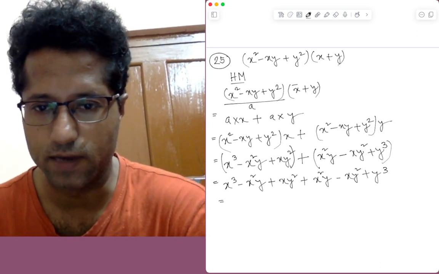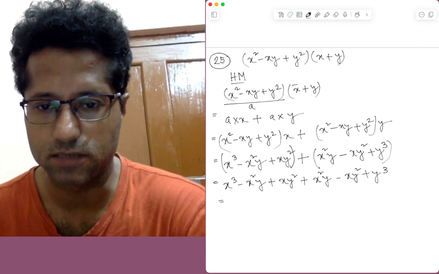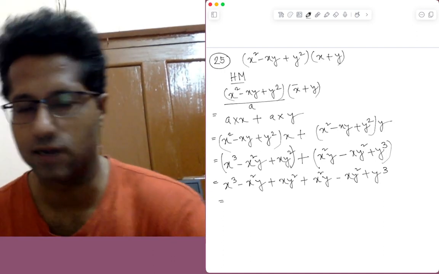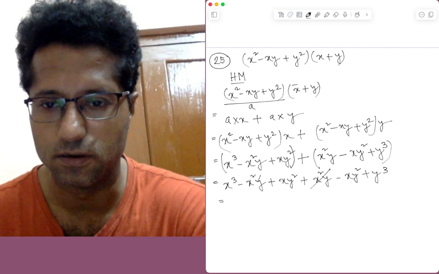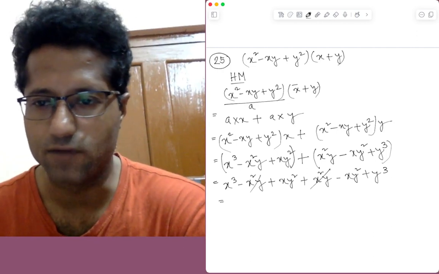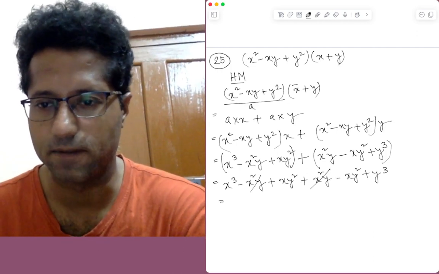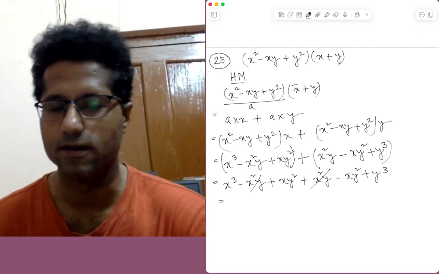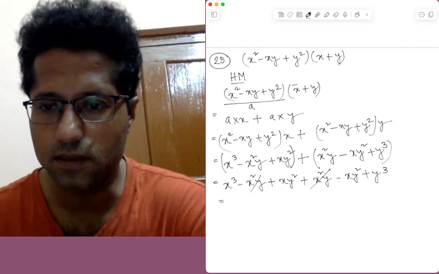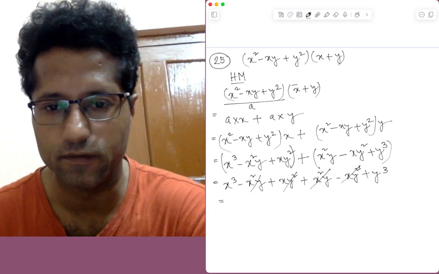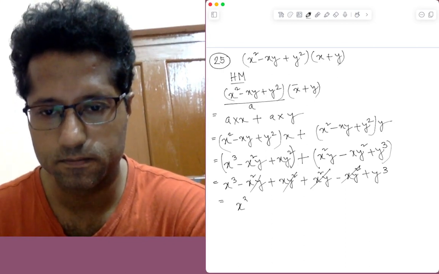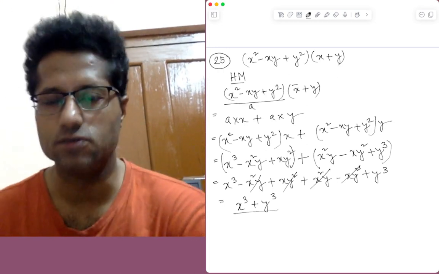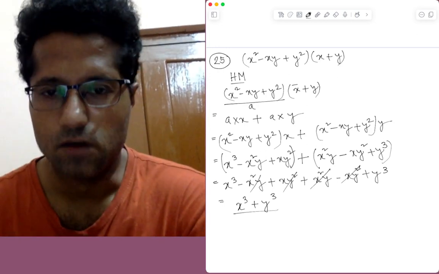So minus x square y and plus x square y are like terms, and since they are of opposite sign, they get cancelled. Also plus xy square and minus xy square are like terms, but since they are of opposite sign, they also get cancelled. So we are left with x cube plus y cube. So this is the result.